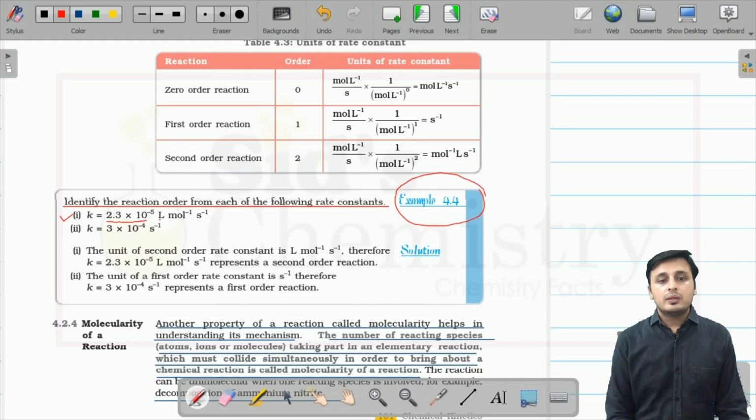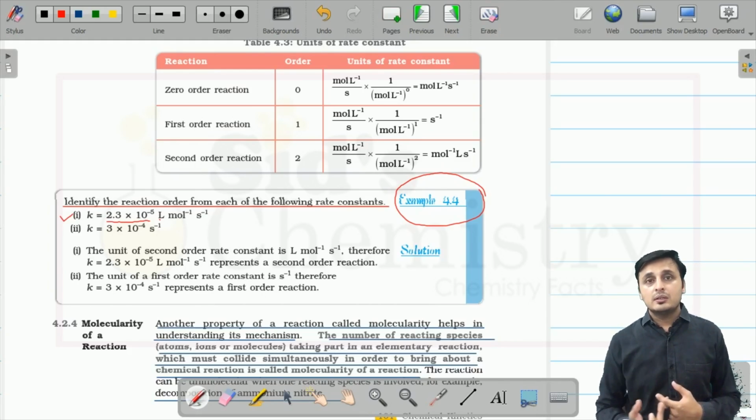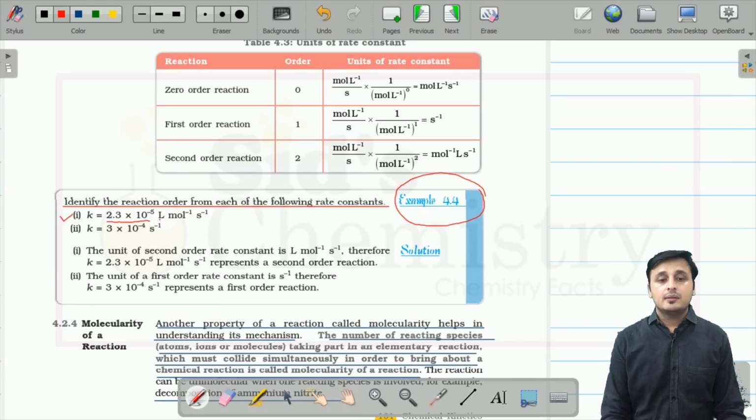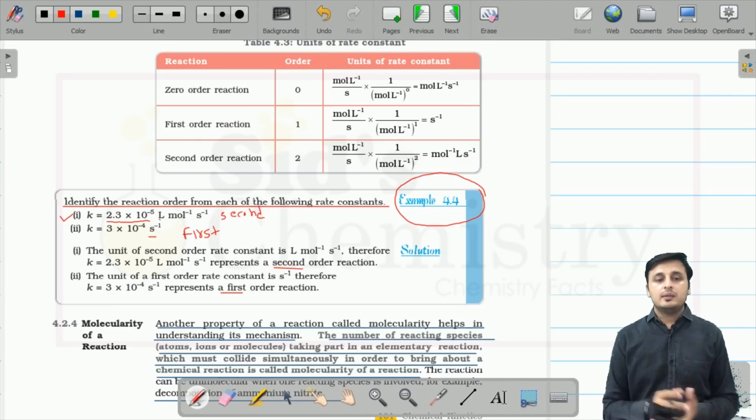Whatever the value of k is given right now, it is not important for us because we just want to look at the units. हमें units ही देखना है. So when liter mole inverse second inverse is given, definitely it is a second order reaction. When second inverse is given, it is a first order reaction. So this is how you can find the order of reaction by just looking at the units of k.